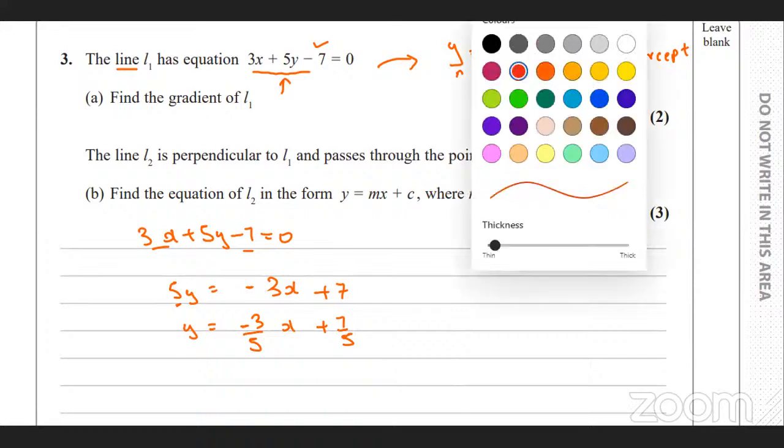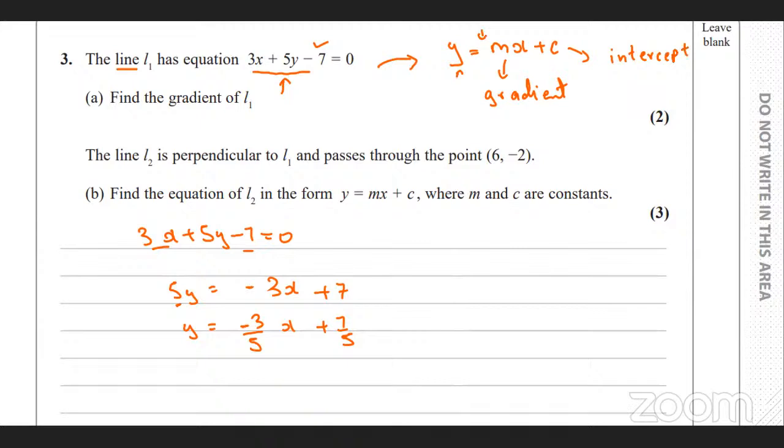Why did I write it in the general form? Because I know that this is the general form and this is my gradient. I am interested in finding out the gradient of L1. So if this is the equation of L1, this number written next to x, the coefficient of x, is the gradient. So the answer to part A would be minus 3 by 5.